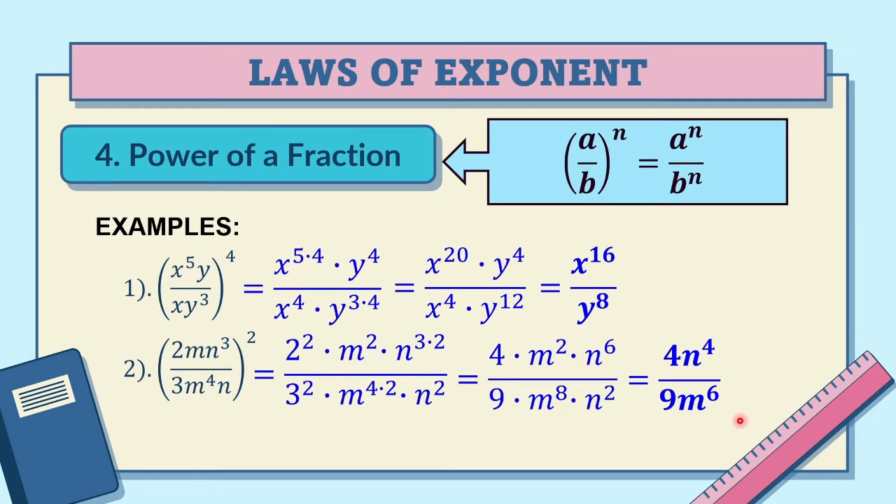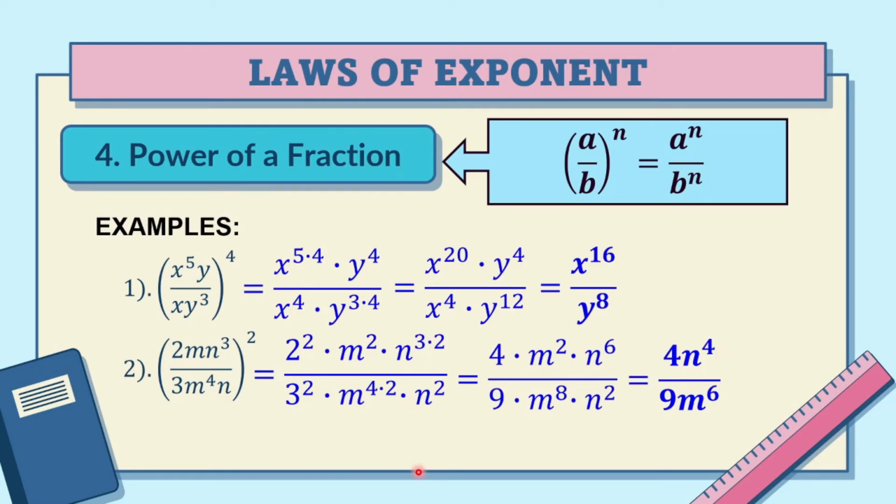So, ilalagay ko si m raised to 6 sa denominator. While si n, kung papansinin, 6 minus 2, that is 4, mas malaki yung exponent ng numerator. So, sa numerator ko nilagay si n, n raised to 4. So, this is the final answer. So, that is the power of a fraction.